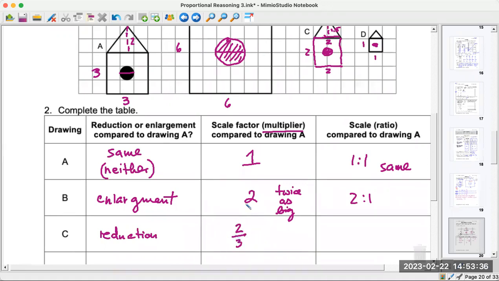Yes, 2 to 3. So it's 2/3 to 1. A little weird. I would have said it would be 2 to 3. And it's 2. C is 2/3 as large. So it's only 2/3 of the original one.